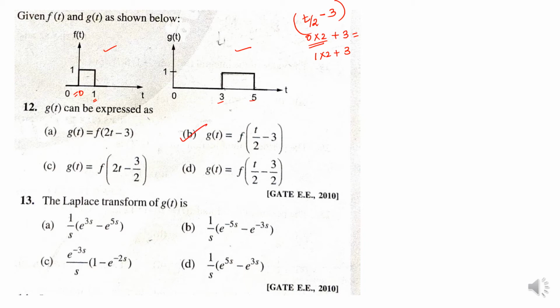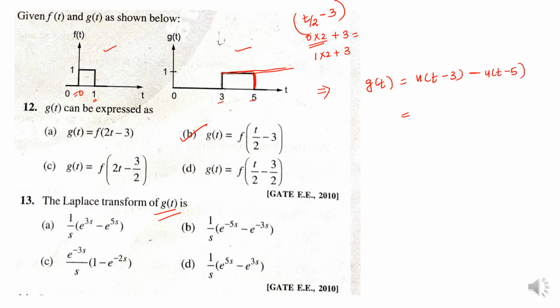Then Laplace transform of g of t. g of t equal to 3 and 5. So how to represent this? g of t equal to u of t minus 3. So this signal is t minus 3, and this signal is t minus 5. So minus, reducing order. So minus u of t minus 5. Okay, how to write this?